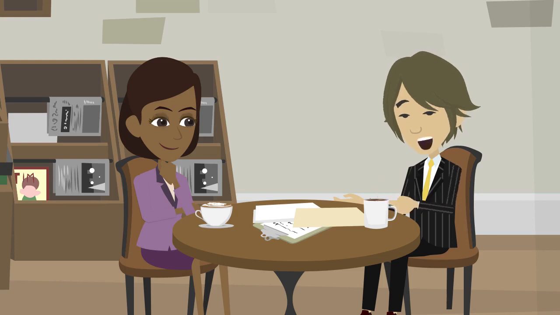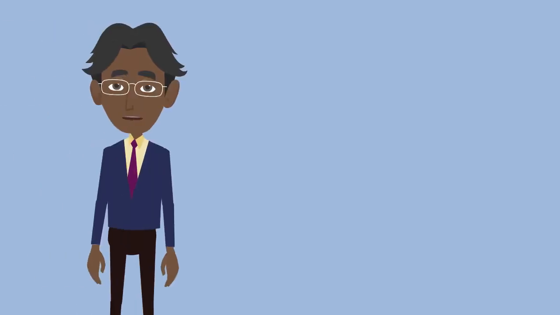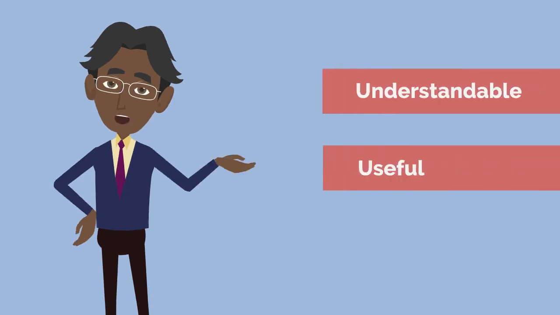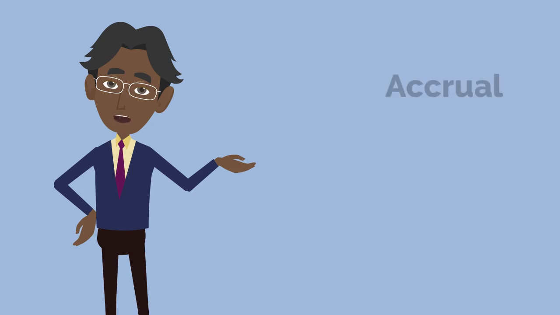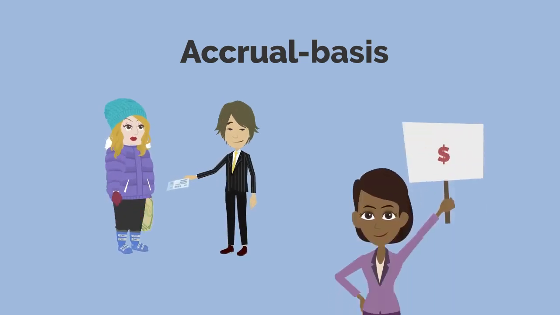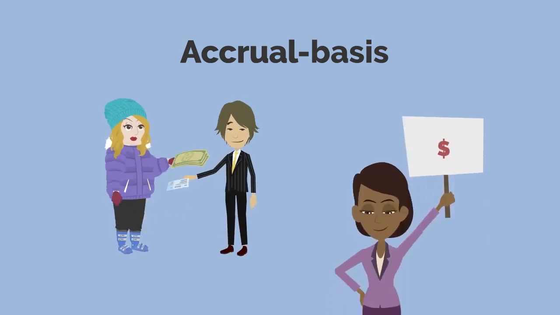With a long list of maintenance and operations on their to-do list, they've asked you to help them out with their books. When keeping records, we must make sure that those records are understandable and useful later on. This is where accrual and cash basis accounting comes into play. Accrual basis accounting is where companies record transactions when they occur.